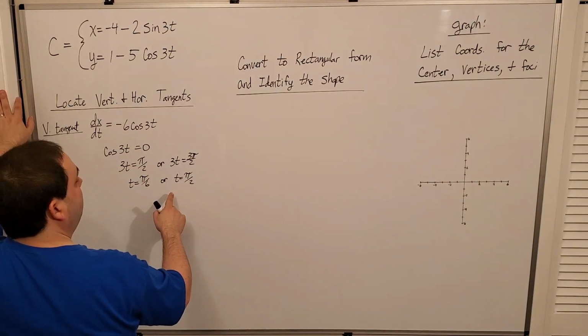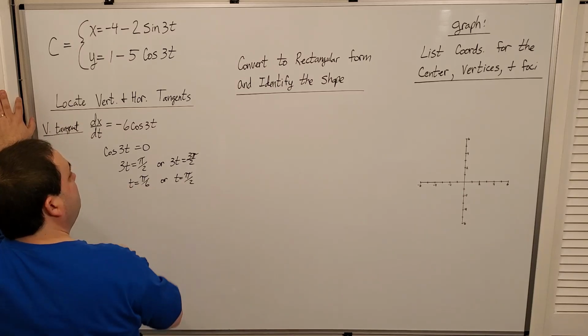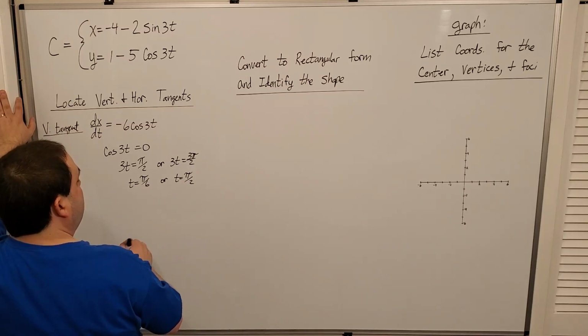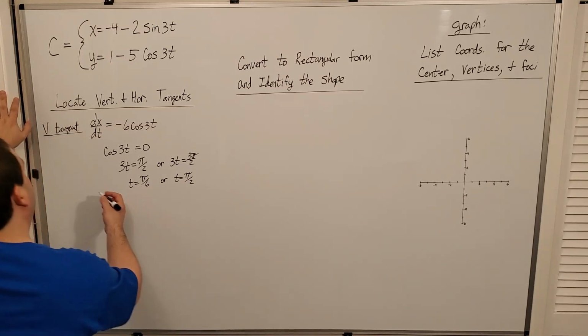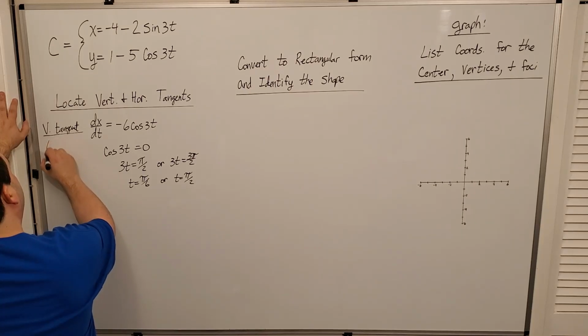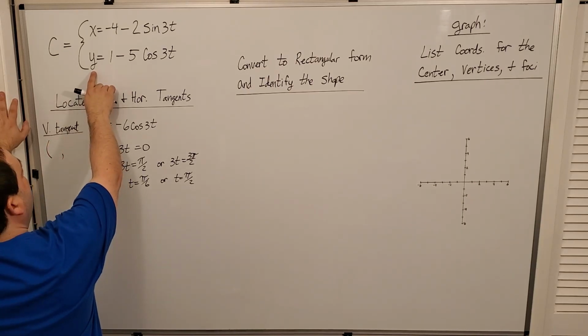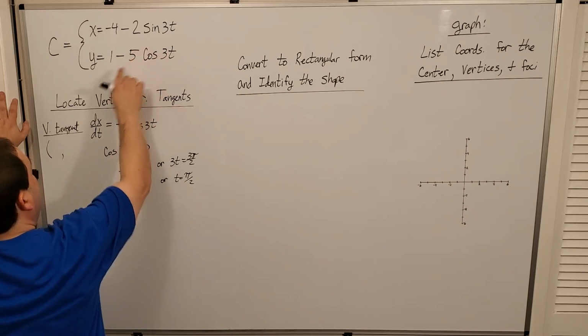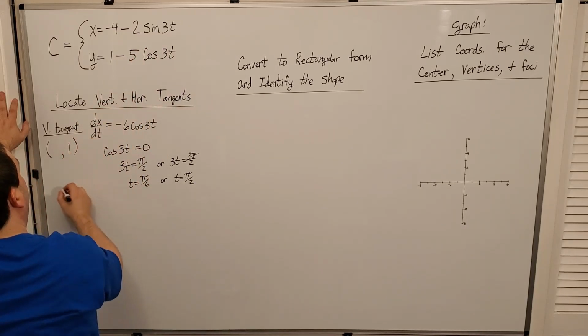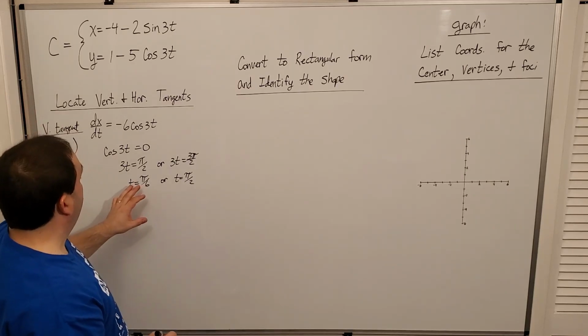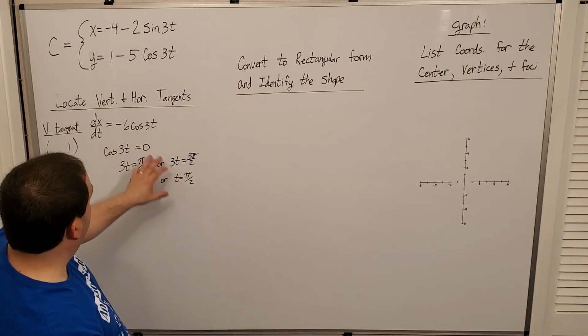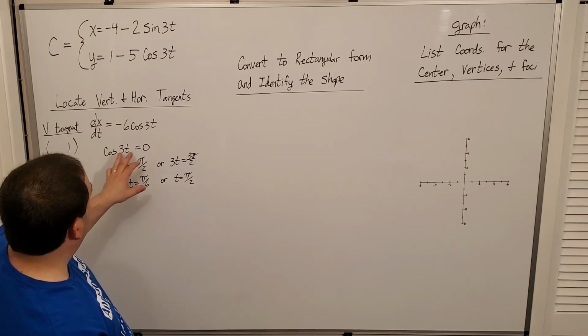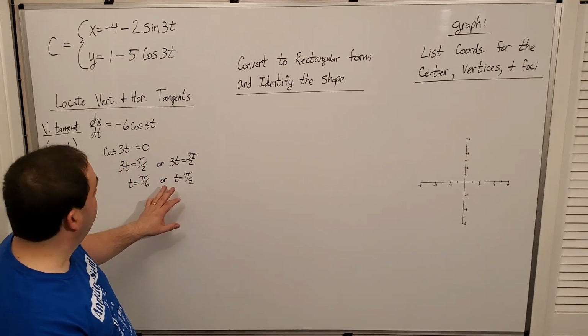If I plug in t equals pi over 6, then the y is going to be 1 minus 0 for both of them, because we purposefully designed this to where cosine is equal to 0.